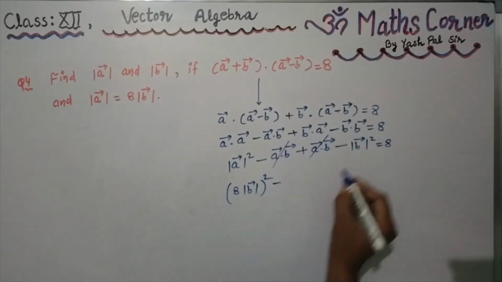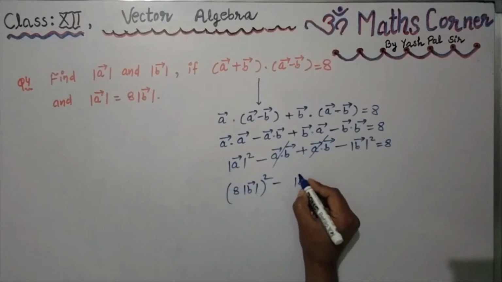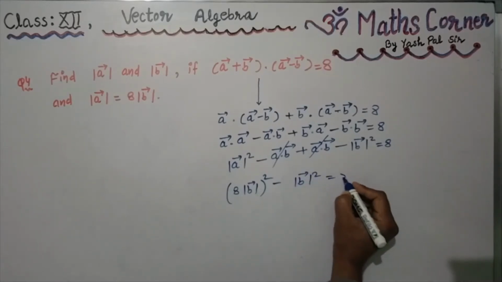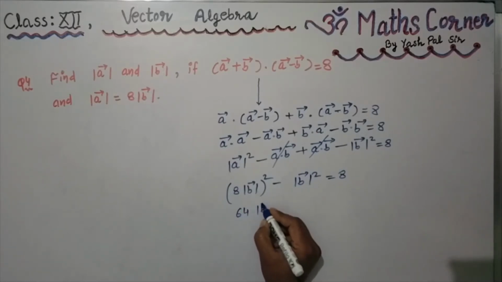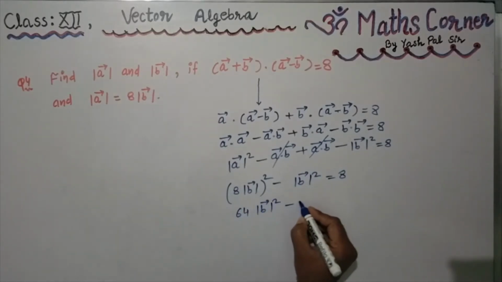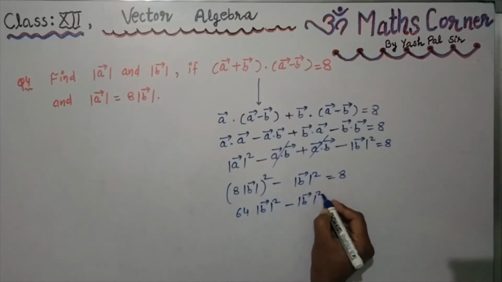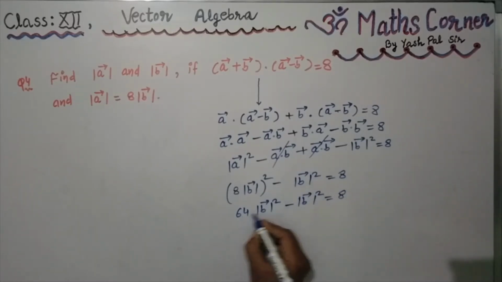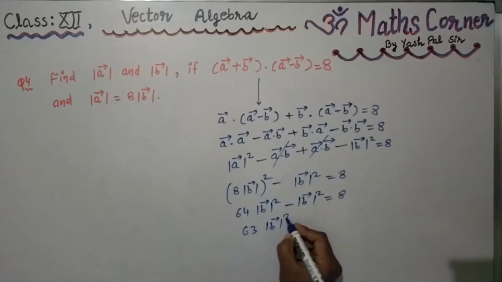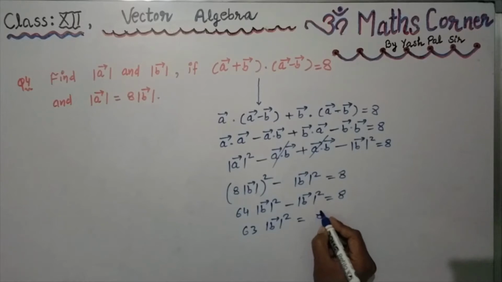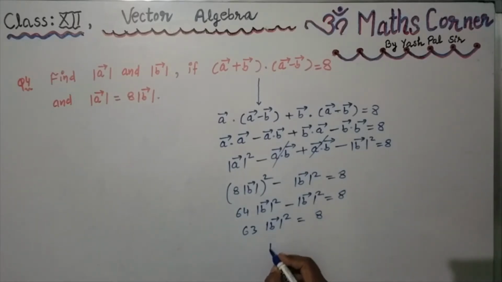This plus and minus cancel, minus magnitude of B whole square is equal to 8. 8 into 8 is 64 magnitude of B square minus magnitude of B square is equal to 8, that is to say 63 magnitude of B whole square is equal to 8. So the value of magnitude of B whole square is 8 upon 63.